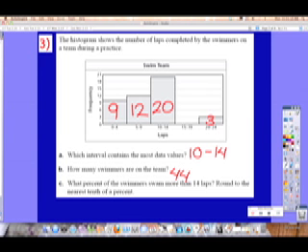You can set it as a percent proportion equals x over 100. And then solve it. 3 times 100 divided by 44. Grab your calculators, type it in. All right, Alyssa, what'd you get? 6.8%? Can I round to 7? You okay with that?